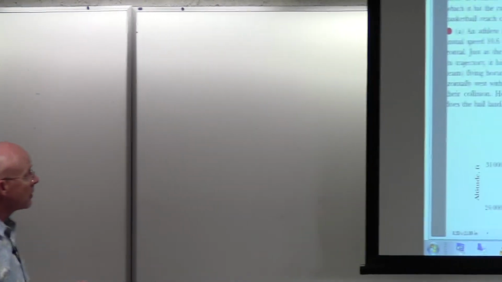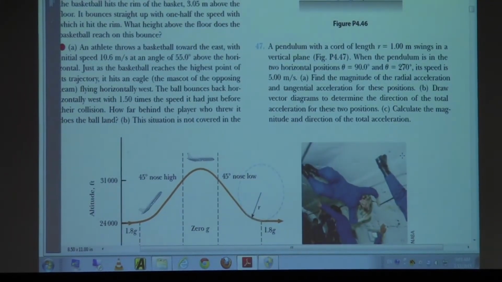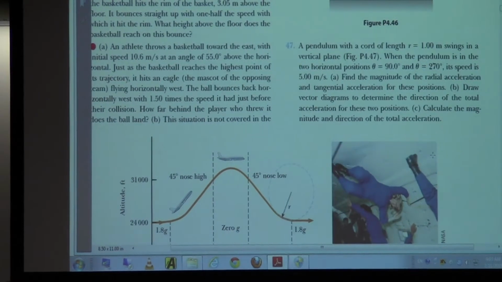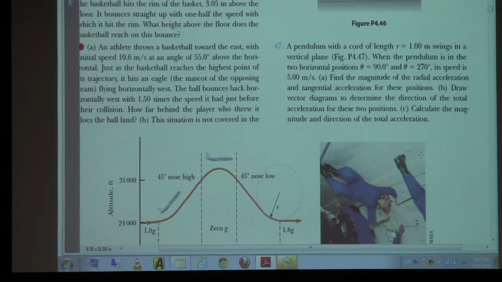It says when the pendulum is in the 2 horizontal positions, theta equaling 90 degrees and theta equaling 270 degrees.